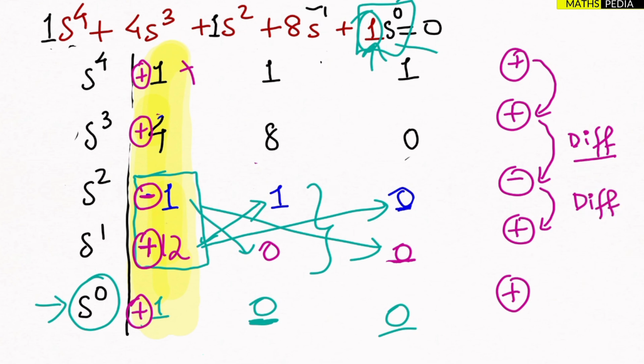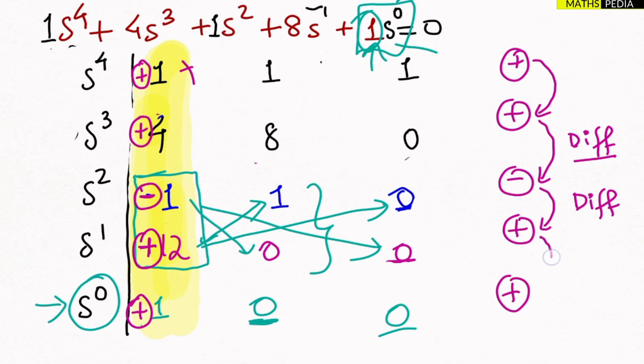Don't think that a plus sign should be there. No, no, no. We are not counting how many plus signs or how many minus signs there are. We are just seeing, when I jump from top to bottom, along the order, whether I am seeing any sign change or not. That is the question.